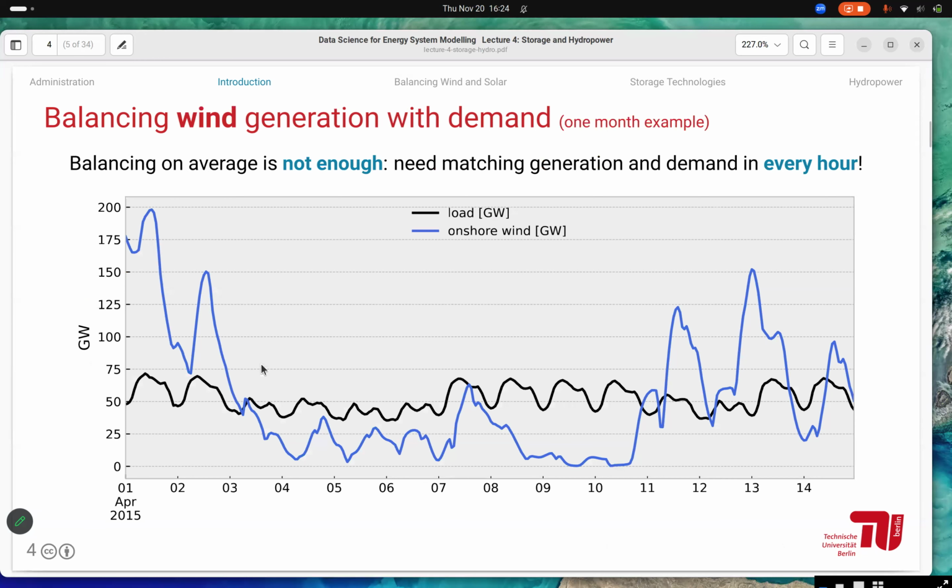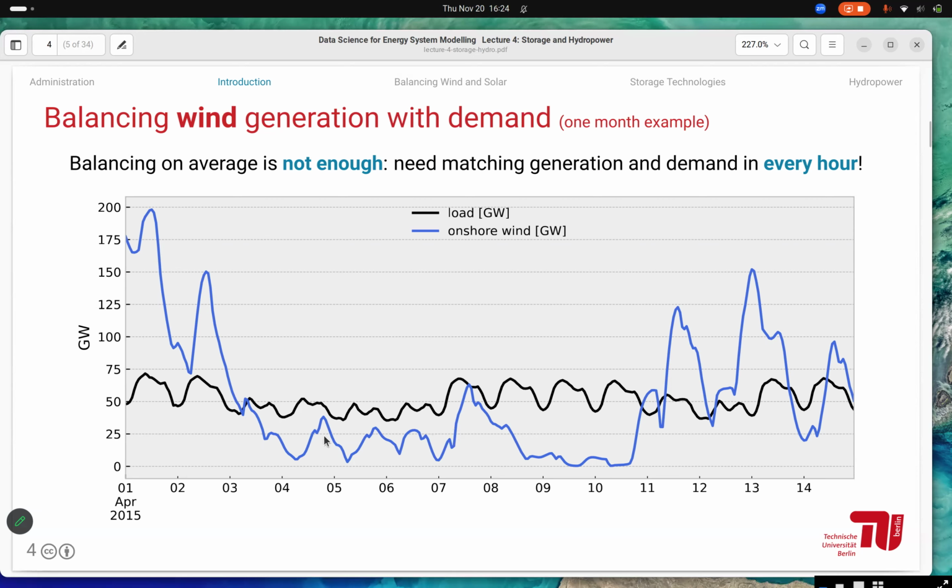To illustrate that, I brought here one month of time series. We'll start with a case where I have scaled the time series so that it's a 100% wind system. And here we have some periods like these, where you have just more wind generation than your load in black.